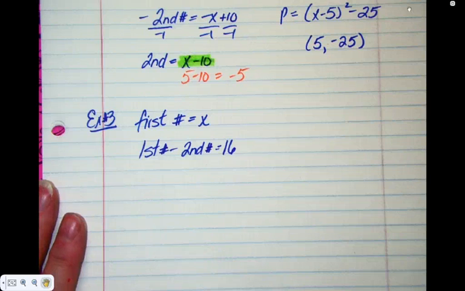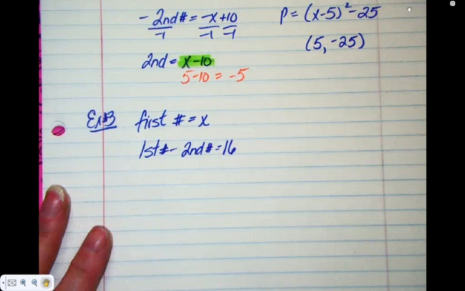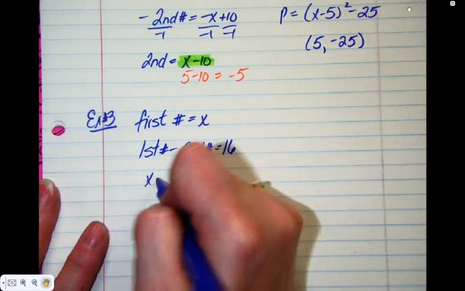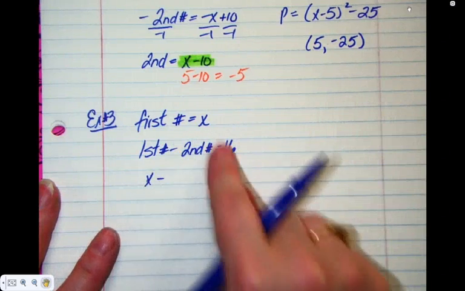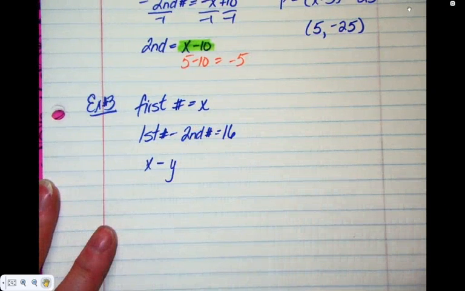Agree, disagree? Okay. Now, if this bothers you to have the words, because a lot of left brains, we don't like words, you can put a y in for here if you want.